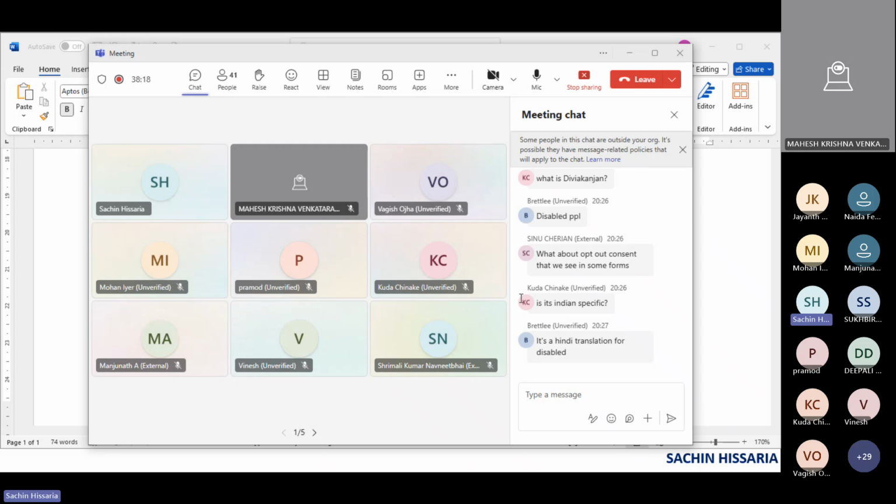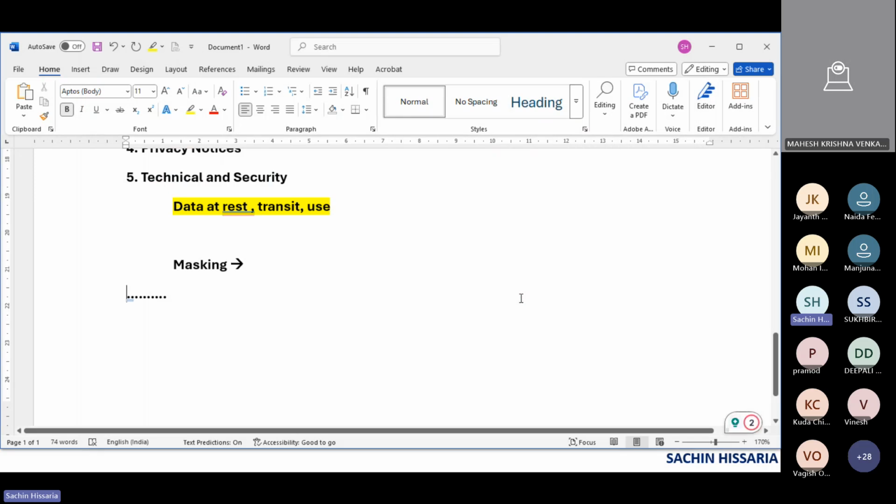Then we'll also see whether user access reviews are being carried out. You will also check how companies are monitoring the logs. Log monitoring again is a very important control. Then from the application perspective, you will see what all controls they have implemented on the application security side.